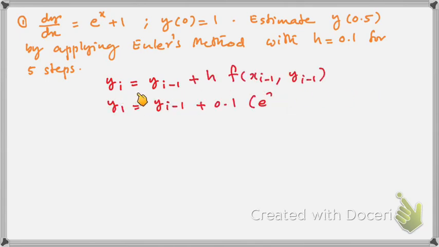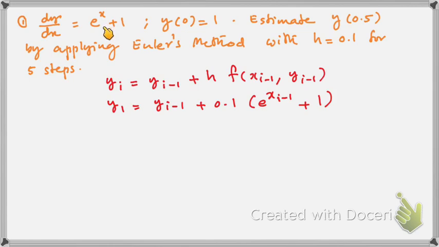So I'm writing the formula which we derived. Your new y i will always be y i minus 1 plus h times f of x i minus 1, y i minus 1, where h is 0.1. So what is my f of x, y? dy by dx is equal to f of x, y.